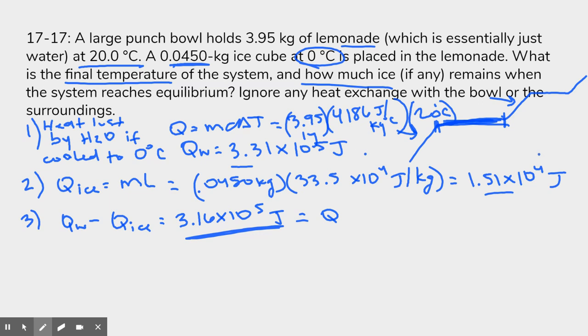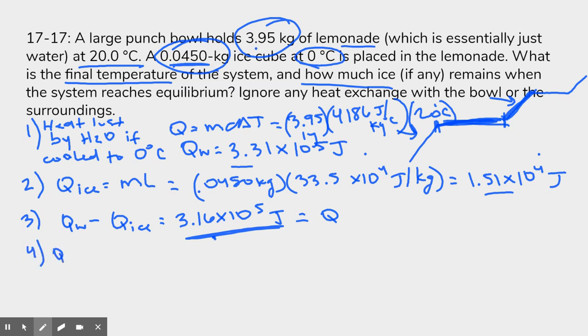So let's use this remaining value of Q to warm the entire system. So that's the water plus the ice to the final temperature. All right, so we're back on this path. So we can go back to using Q equals mc delta T. But remember, this time we're looking at the whole system, so we have to add these masses together.